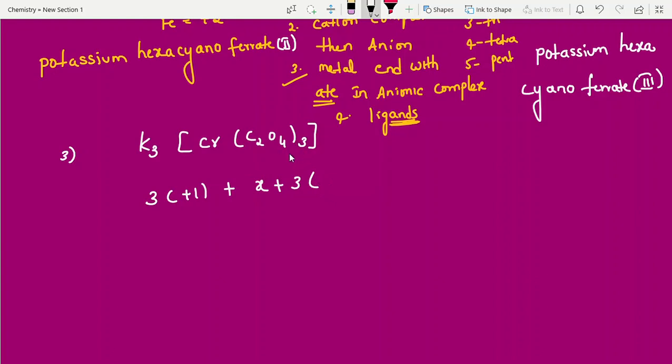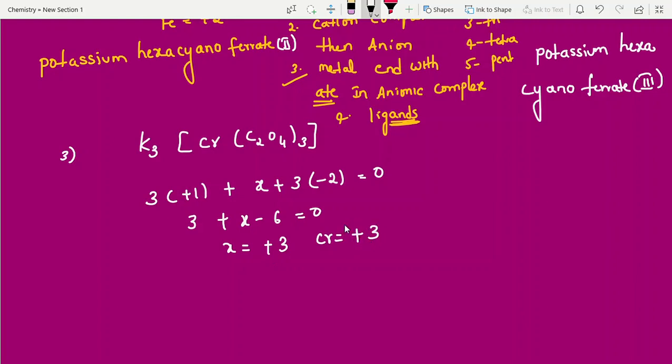For bidentate, hexadentate, all ligands, I have already explained in the coordination compounds videos, go through that. 3 plus x minus 6 equal to 0, then x equal to +3. What is x here? That is chromium. Chromium equal to +3.